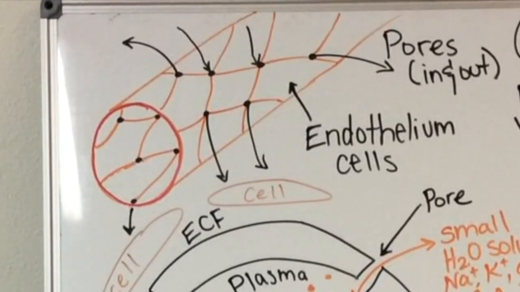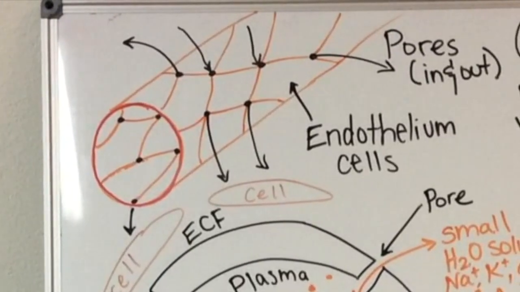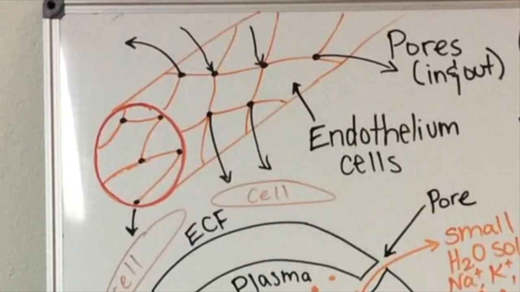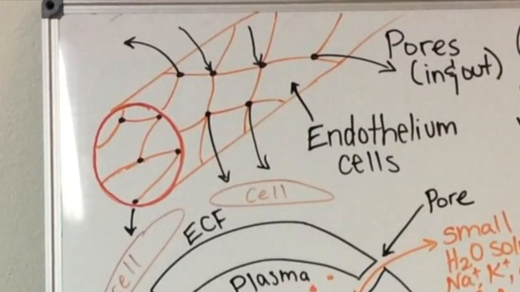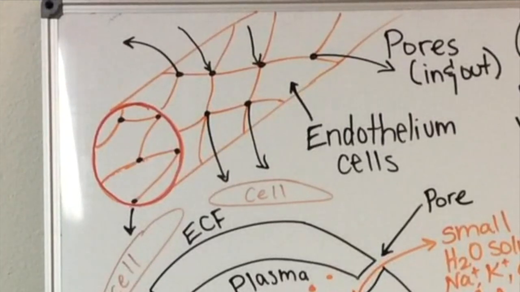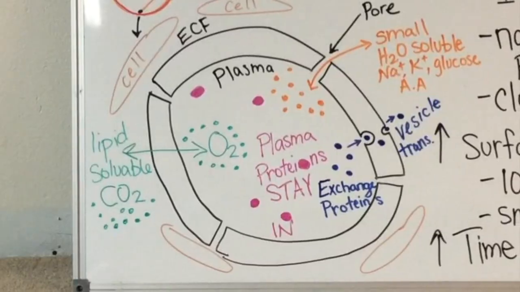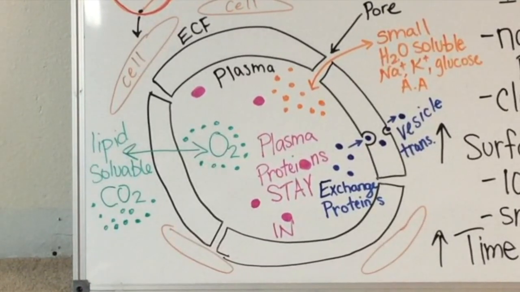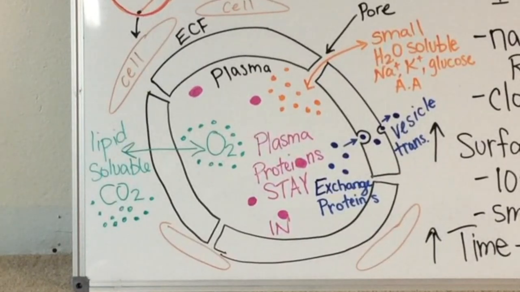These pores allow for small water-soluble molecules to move in and out. Whether or not a molecule moves into the capillary or out of the capillary is dependent on the concentration gradient between the plasma and the extracellular fluid. Small water-soluble molecules include sodium, potassium, glucose, and amino acids.